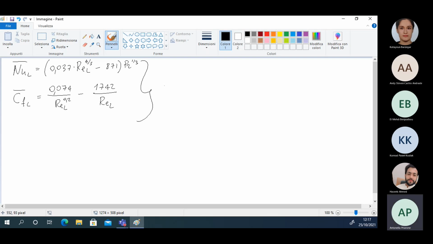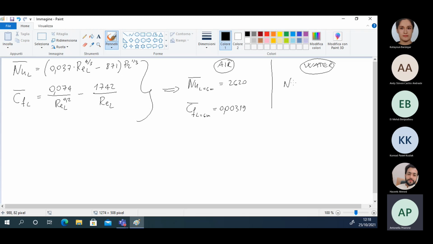So I apply the two correlations and, substituting the corresponding numbers for L equal to 6 meters, I obtain for air and for water, Nusselt average value for the 6 meters equal to 2,620, and CF for air, average value for 6 meters, equal to 0.00319.